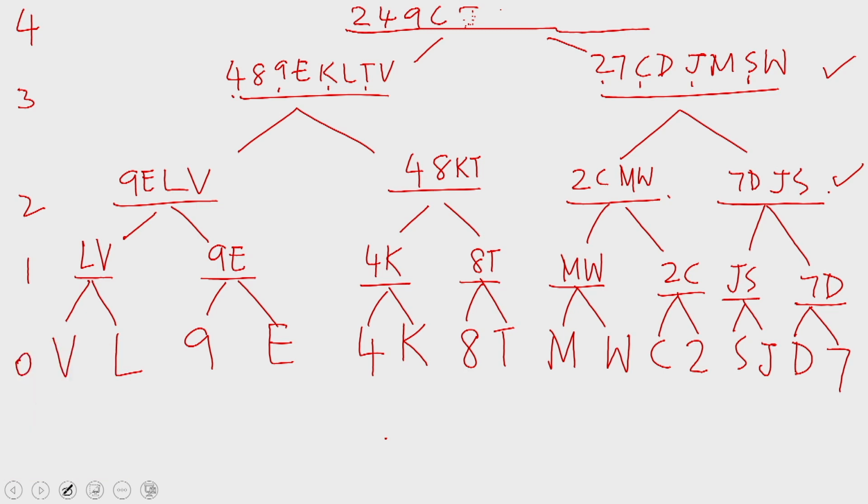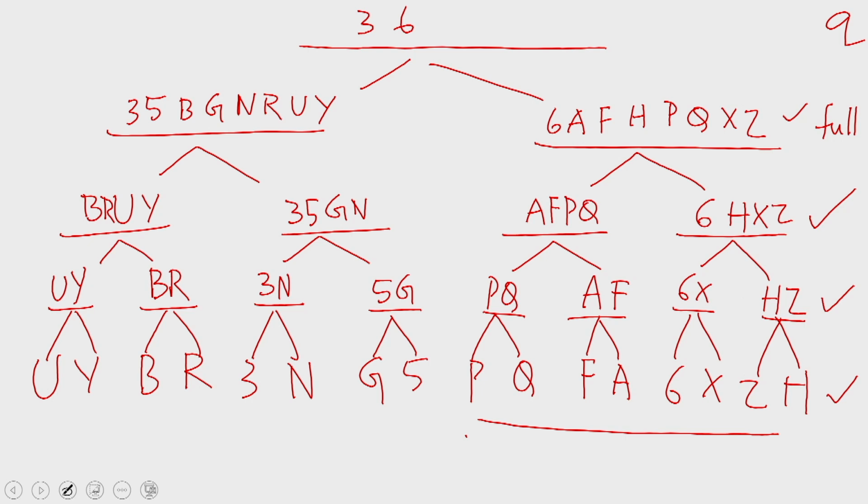So we will have 249CJKST at this node, and here we have 3BNU going up and 6FPX going up. So we will have 36BFNPUX at this node. So at the end of the 10th stage, this is what the array looks like.